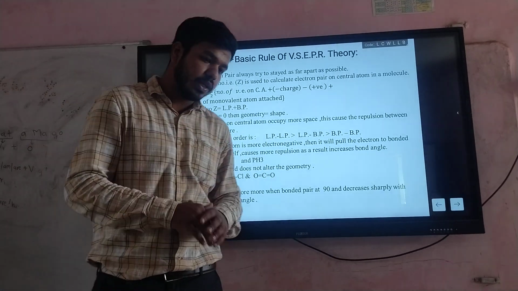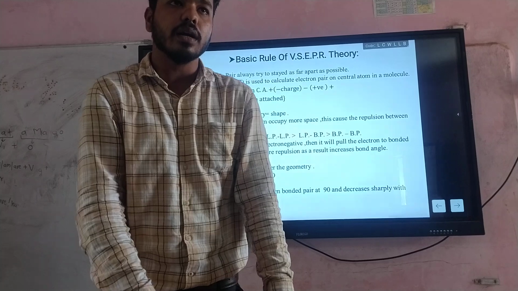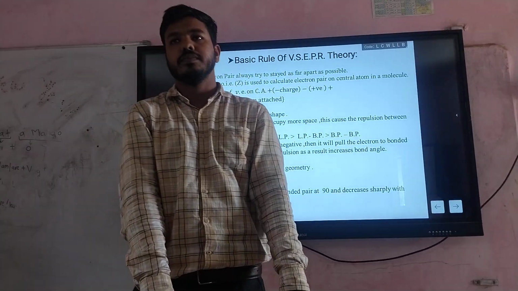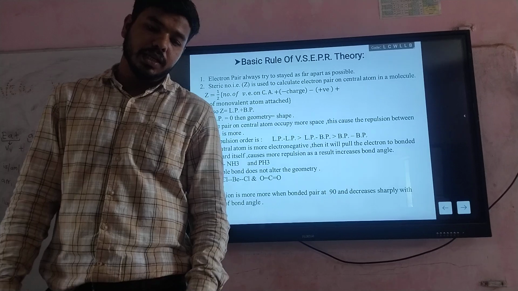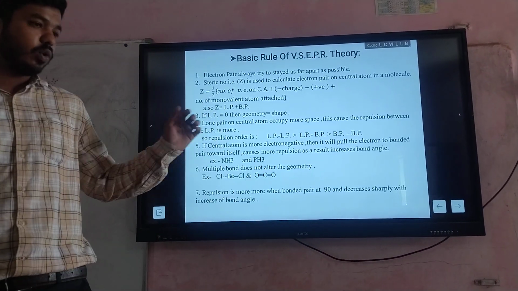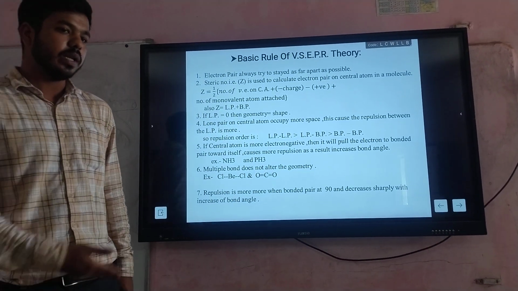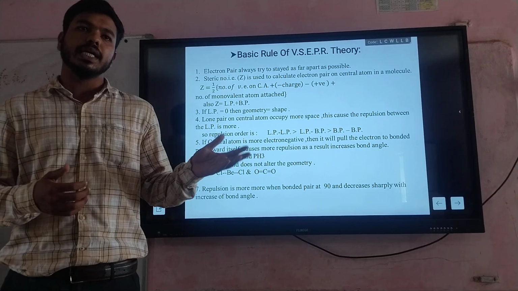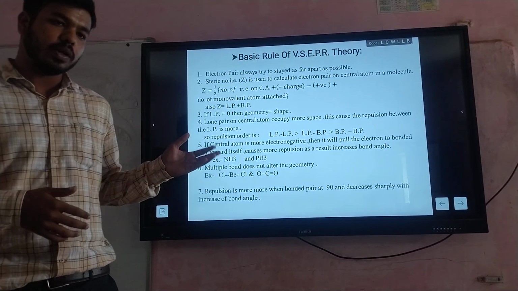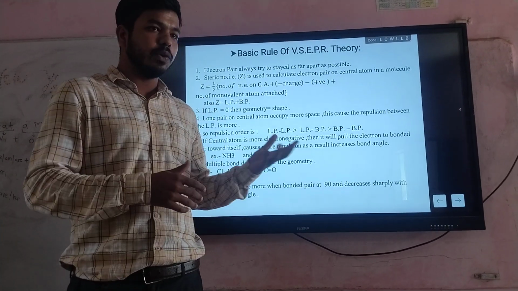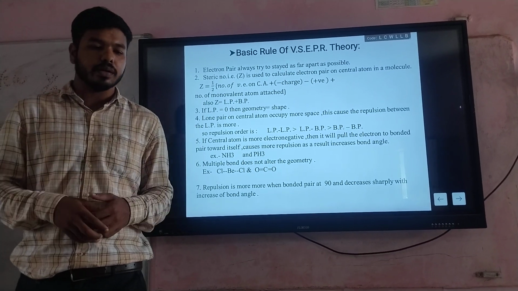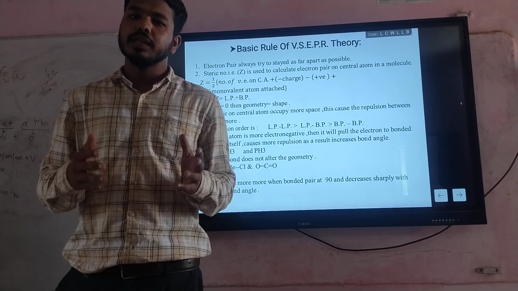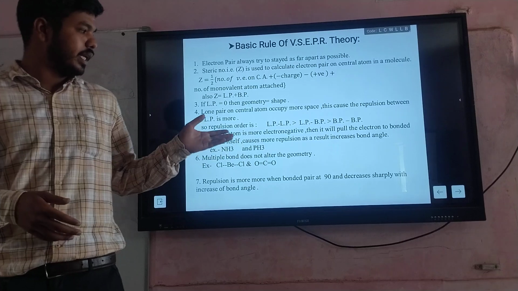Then the next rule is, multiple bonds do not alter the geometry of a molecule. For example, in BeCl2 and CO2 molecules. In BeCl2, both Cl atoms are singly bonded to the beryllium atom, and in CO2 both oxygen atoms are doubly bonded to the carbon atom, yet the geometry of the molecule is the same, that is linear.